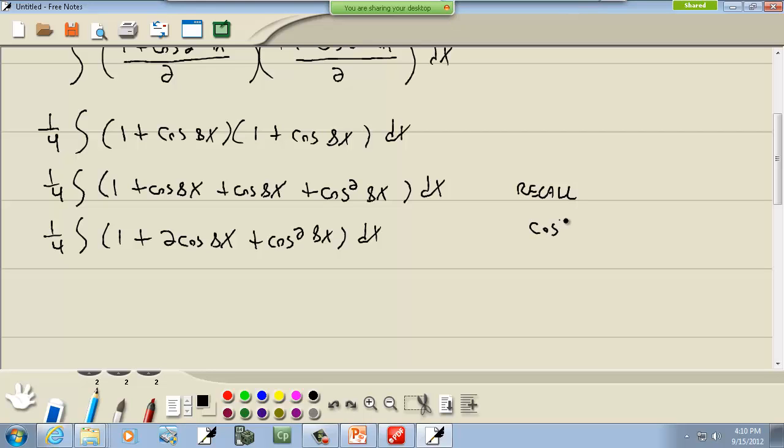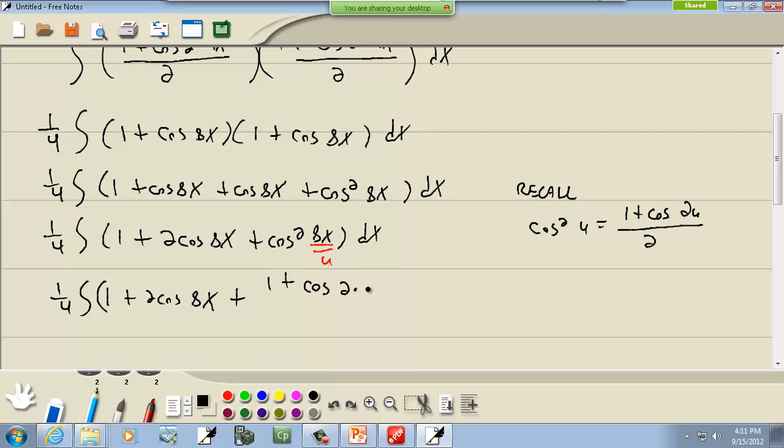So again, recall cosine squared u is equal to 1 plus cosine 2u over 2. So in this particular one right here, this is going to be our u, 8x. This first part is 1 plus 2 cosine 8x plus, and then from this formula, that'll be 1 plus cosine 2 times u, which is 8x, all over 2 dx.